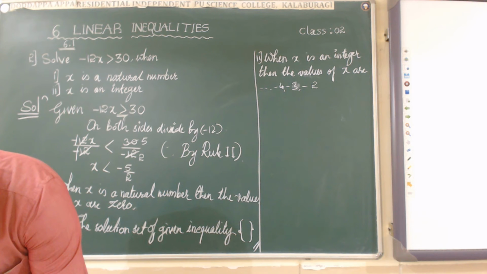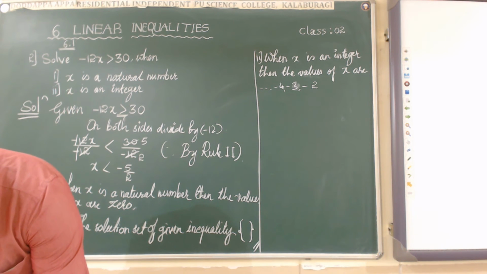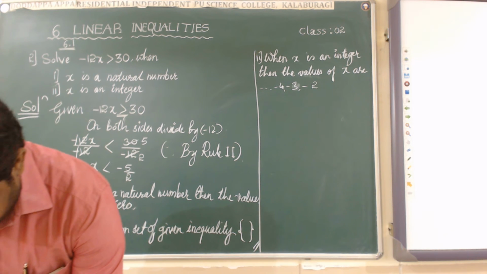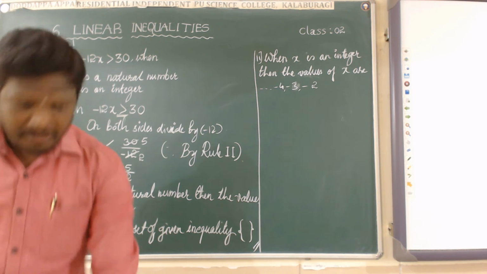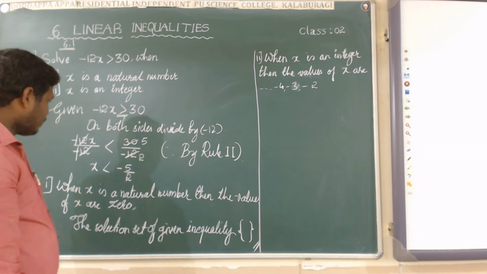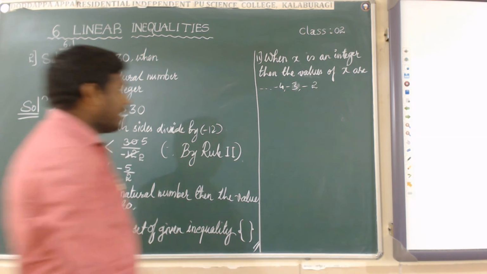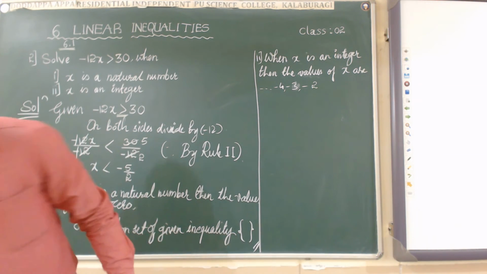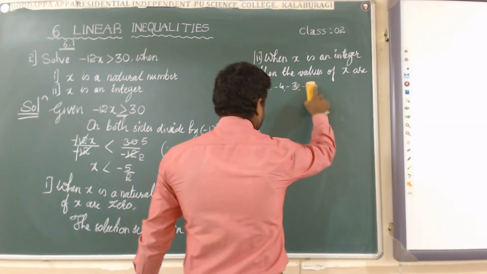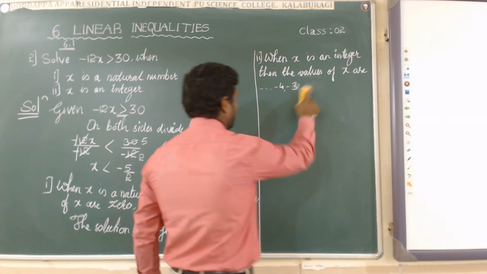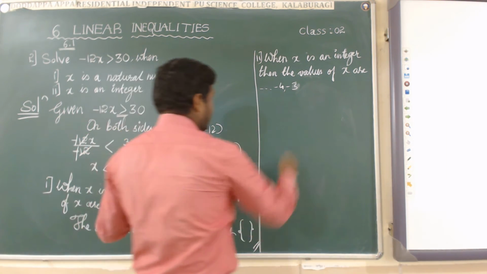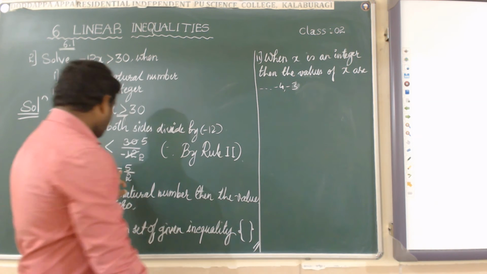Getting my point? After simplification this value will be coming, minus 2.5.